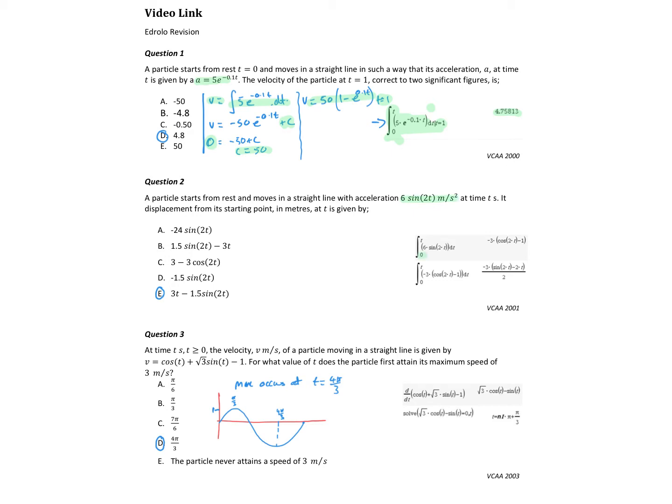So again, if I work out my antiderivative, there's the antiderivative of that function. And then if I want to work out the antiderivative of the next one, so there's my velocity, I work out the antiderivative again to get my displacement. And there's my equation there for E, all right?